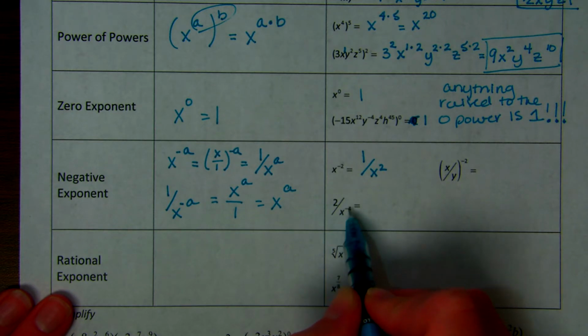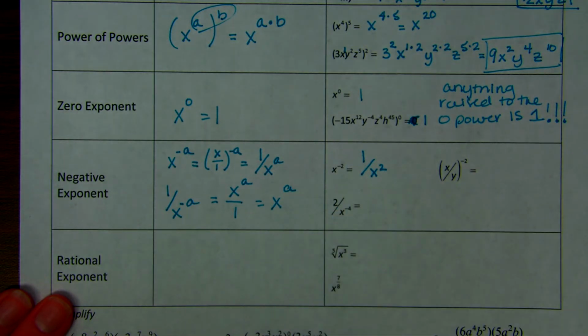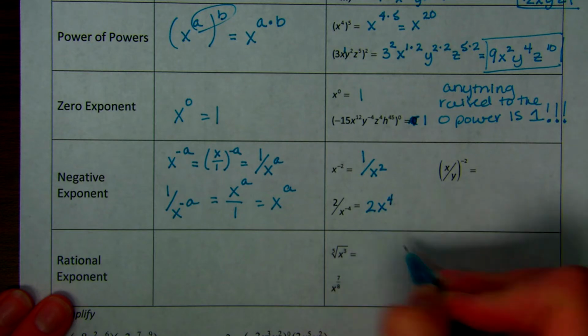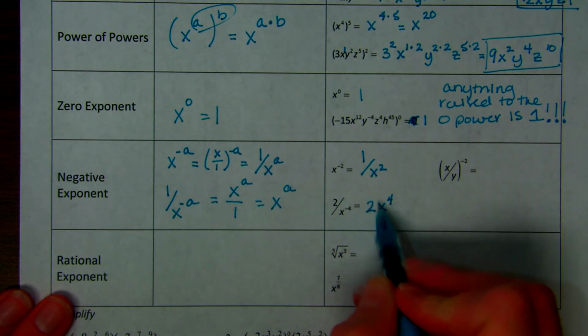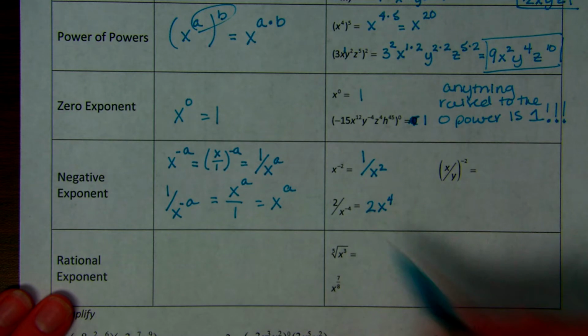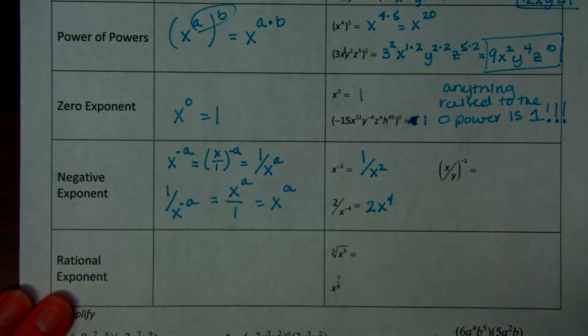That negative exponent says, hey, put this in the top of a fraction, or put it in a numerator. The 2 is already in the numerator. So this becomes 2x to the 4, okay? Because the 2 stays where it is, and the negative exponent on the x says move it out of the denominator. Make sure the 2 stays where it is, though, guys.